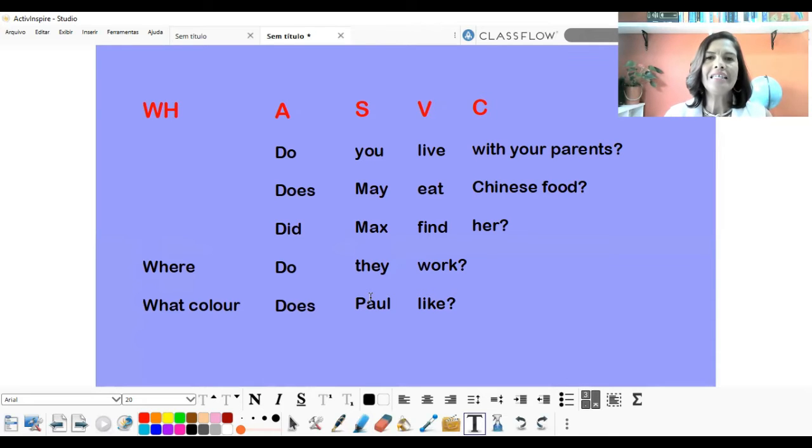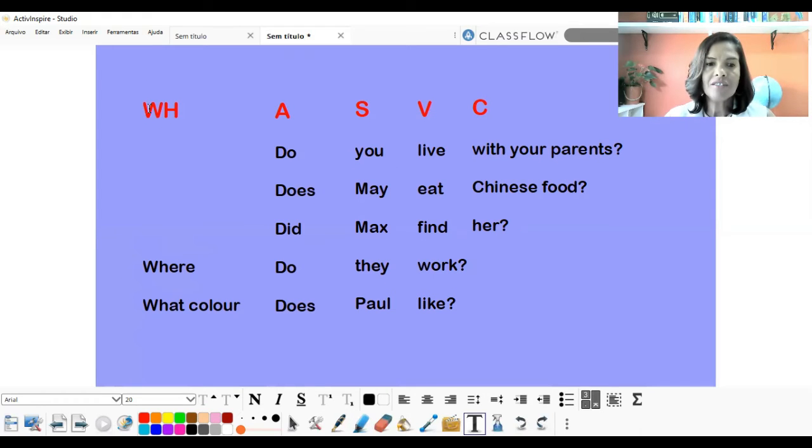Or anything that is in the function of the subject, okay? Then I have the verb. Remembering, this is the main verb. This is the position of the main verb in the sentence.